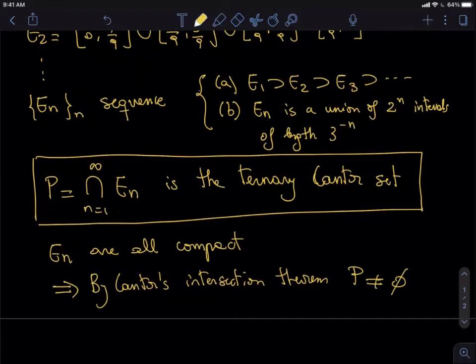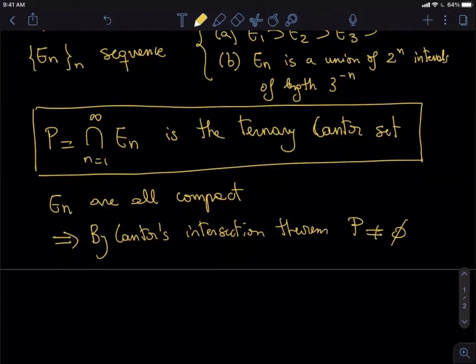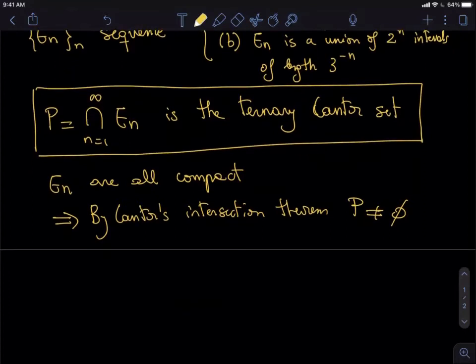Okay, because you might argue that we are taking so many points out from this, are we leaving any point behind? The answer is yes. It turns out P is a compact set and it's non-empty.